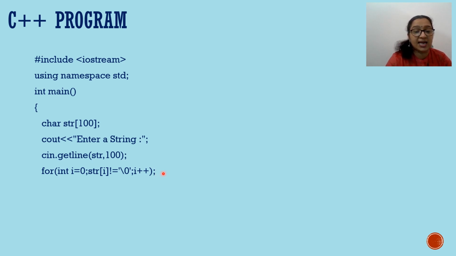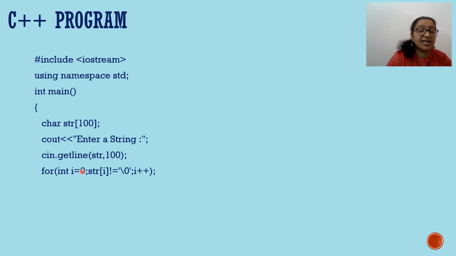Is there any syntax error? No. What is the meaning when you put a semicolon at the end? That means there is no body part for that loop. For counting the length, we don't want to use any body part. By using the i variable itself, we can count letters. So just see how it will work.